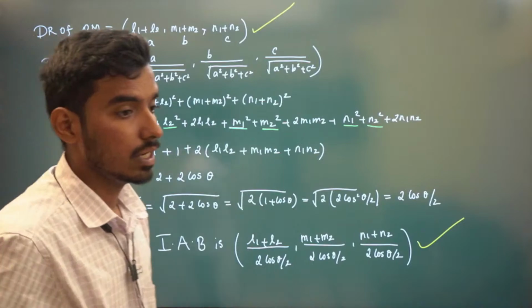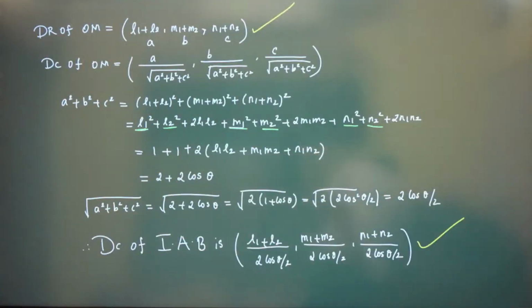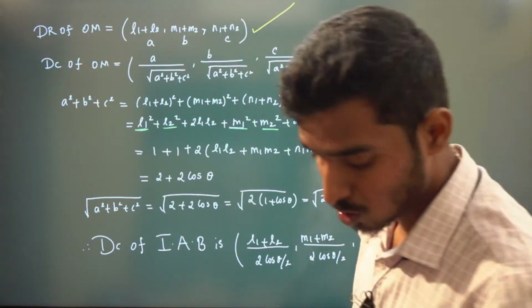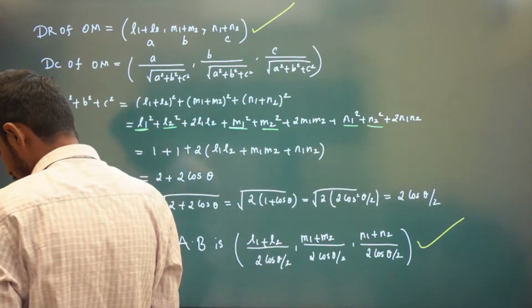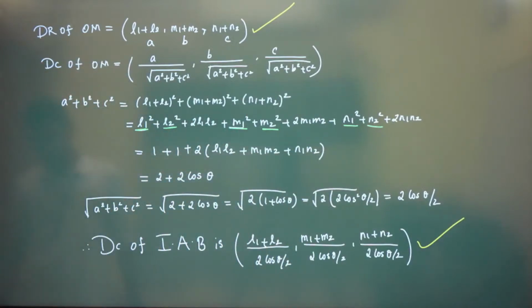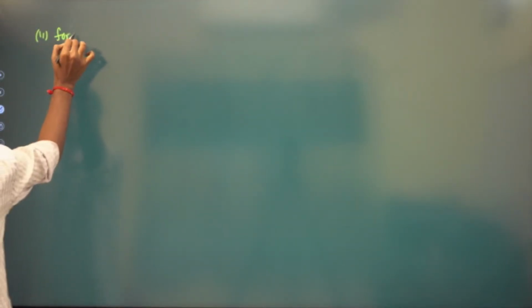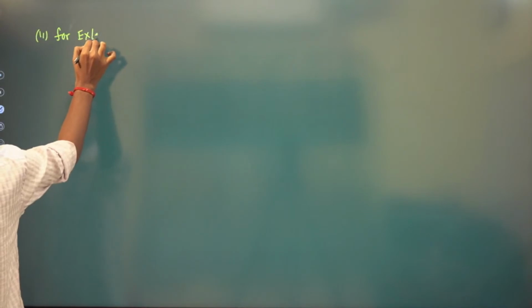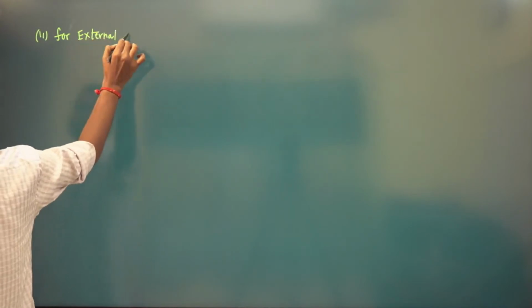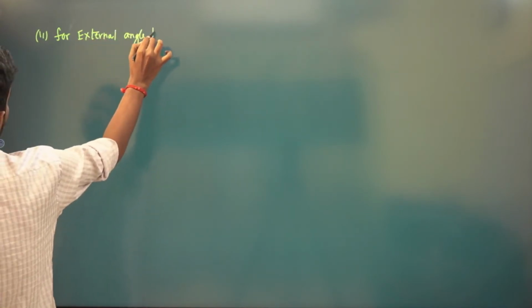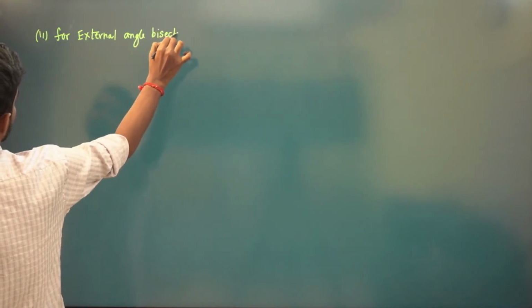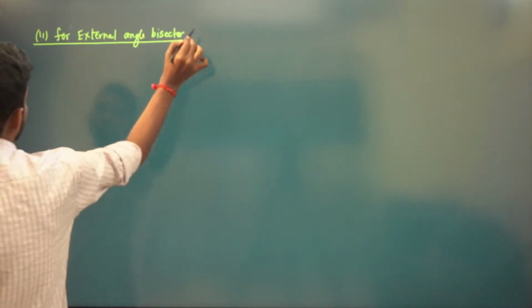Similarly, we need to find the direction ratio and direction cosine of the external angle bisector. This is for the internal angle bisector. Now we'll similarly do it for the external angle bisector.